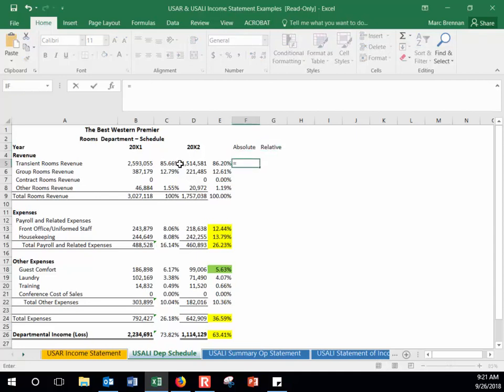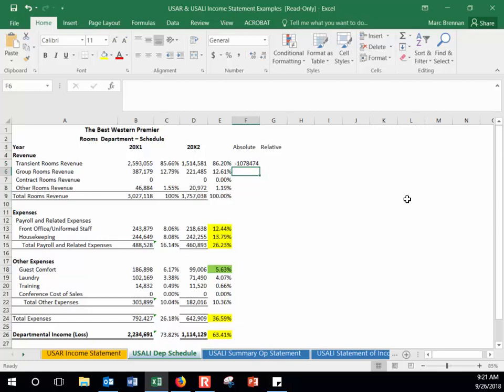Absolute change, remember, is always current accounting period minus previous accounting period, or whatever you're comparing it to. So for 2012, I'll write it out for this one, $1,514,581 minus the previous accounting period we're comparing it to, so the 2.6 million almost.